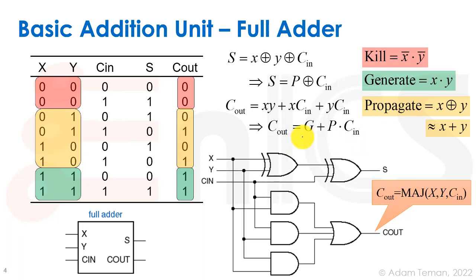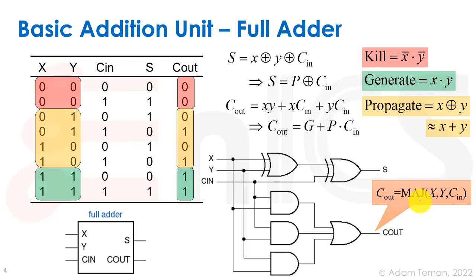And it has to wait actually until we get the input, the Cin from the previous stage, to know what the final sum and carry are of our design. But we can just look at the 2 bits that we have immediately at the start without waiting for the carry, these X and Y, and decide according to them on some sort of a partial formula, which will tell us something about the carry of the next stage.